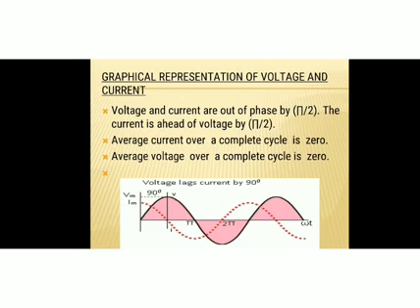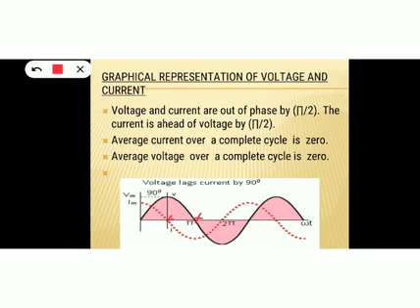Now current becomes 0 at 90. Isn't it? Current becomes 0 at pi by 2. But voltage becomes 0 at pi. So the phase difference is pi minus pi by 2, that is pi by 2.